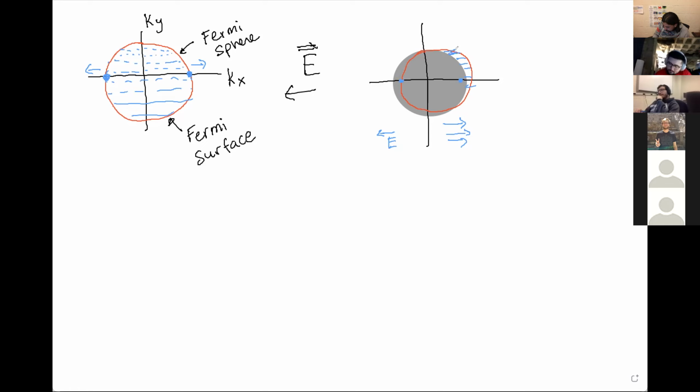But then this area right here doesn't get canceled. Those are the ones that are giving you electrical transport, electrons moving that don't get canceled by electrons moving in the opposite direction. And it's just these guys right here. Does that make sense? Questions?